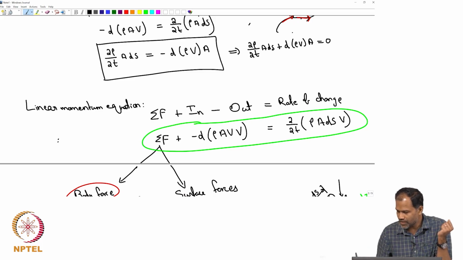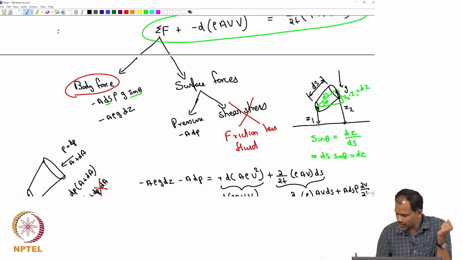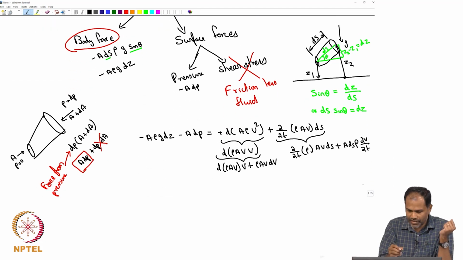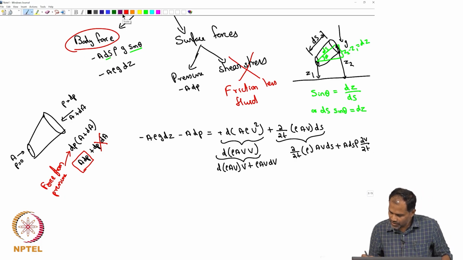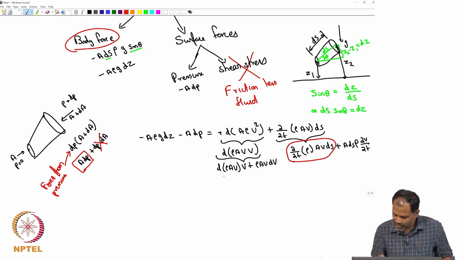And you can identify these two terms in this equation: ∂ρ/∂t into A v ds and d of ρ into A into v.